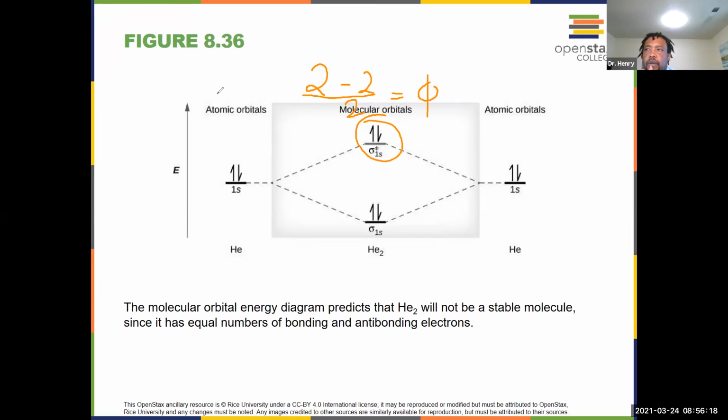Okay. Nice way of looking at it. Both of these are the 1s, right? So in the case of that 1s, if you end up in this region, you're not going to form a stable molecule. So if I had a half, can we have a half of a bond? You can have a half of a bond?